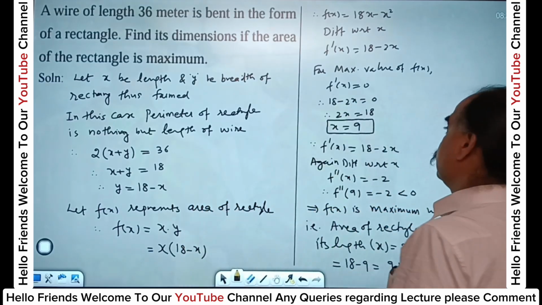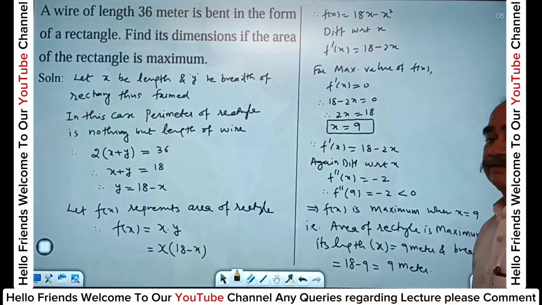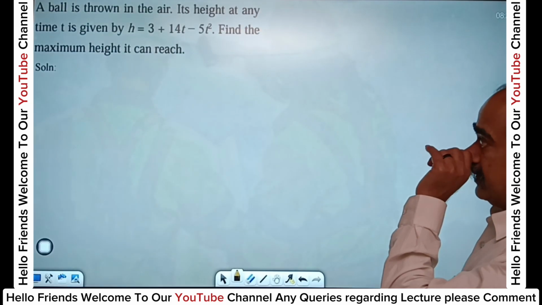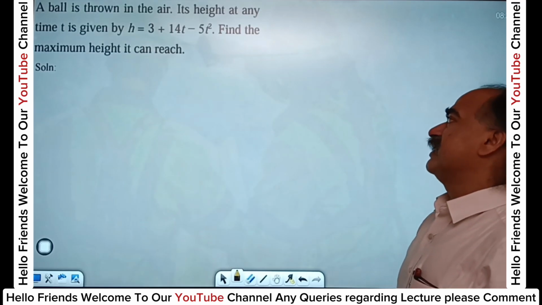In such cases, length is equal to breadth. So rectangle is nothing but a square. जब लेंथ और ब्रेथ इक्वल होगा तो रेक्टेंगल क्या बन जाएगा? Square.